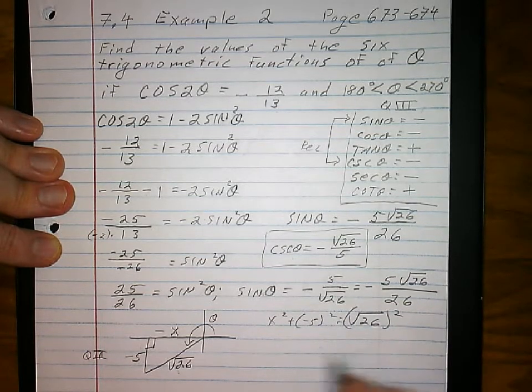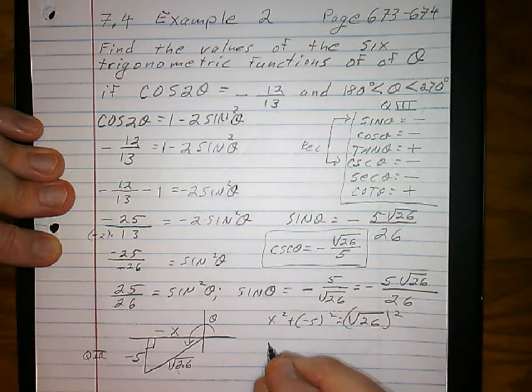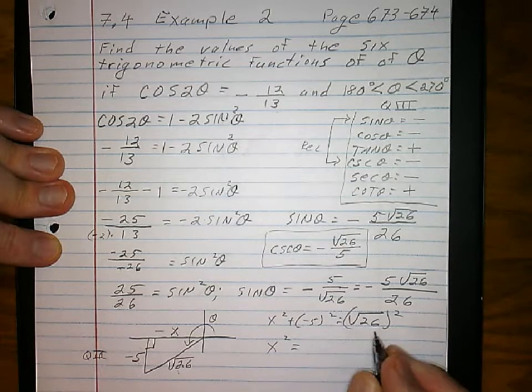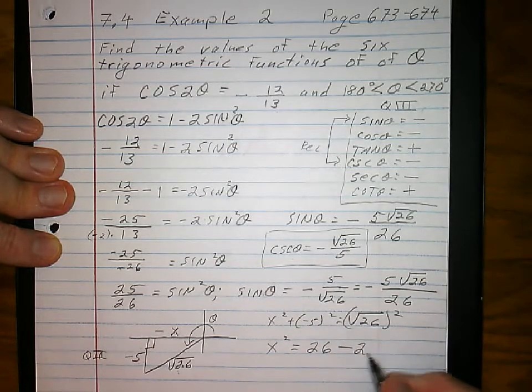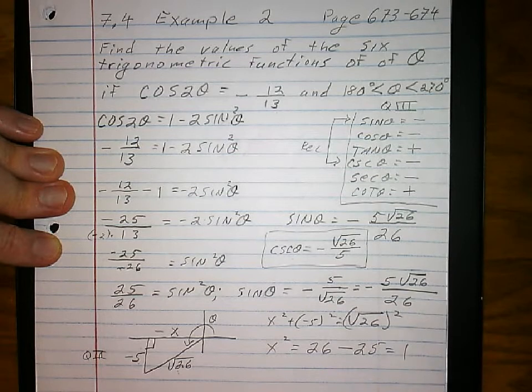That's Pythagorean theorem, right? I'm going to subtract that from both sides. I'm going to get my horizontal side here. X squared equals, the square root of 26 squared is 26, and if I subtract a negative 5 squared, negative 5 times negative 5 is 25. X squared equals 1. If I take the square root of both sides, this is plus or minus 1.